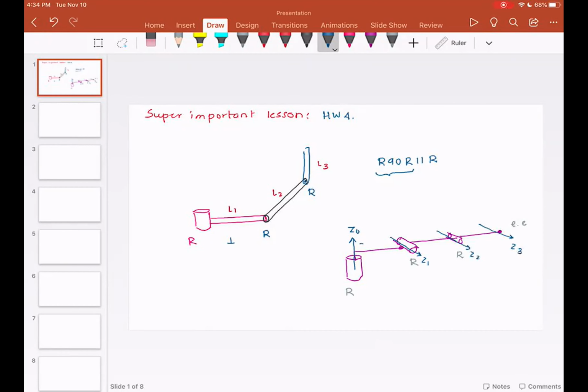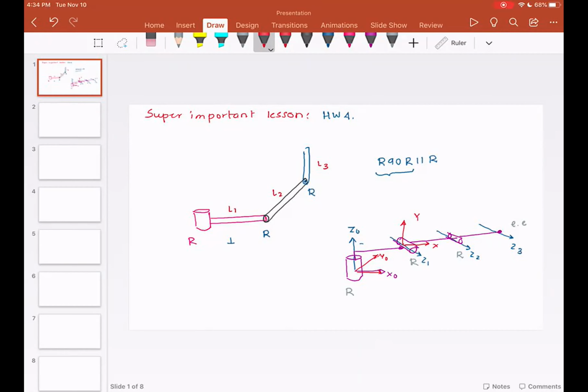And then you can set up the coordinate system something like, you're going to have X0, Y0, then you have Y1, and then you're going to have X1, and so on.